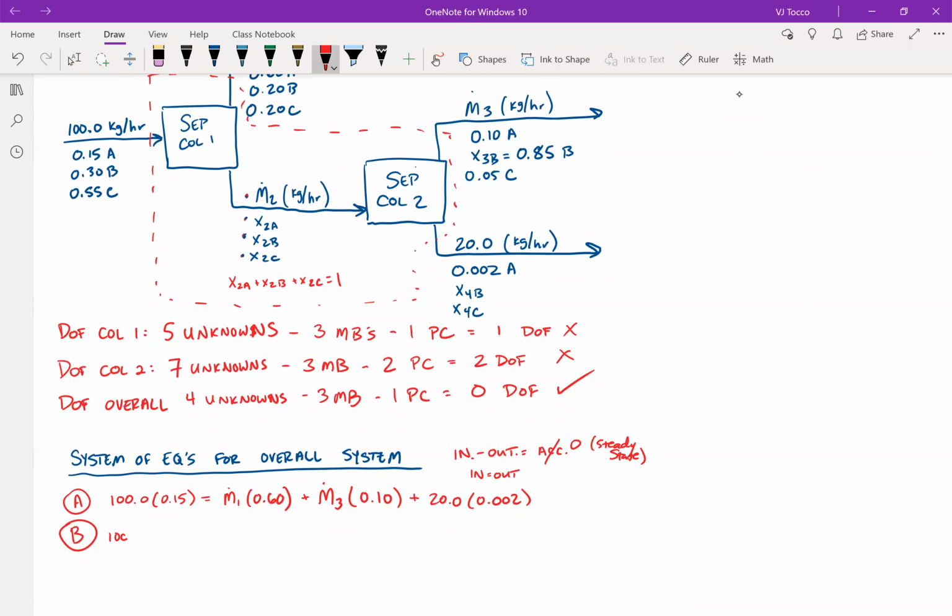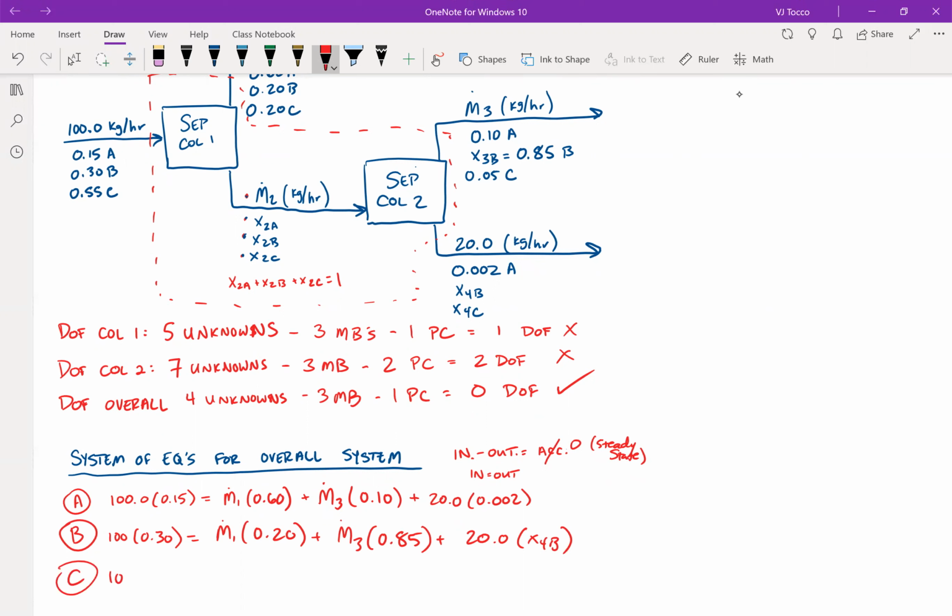B is 100 times 0.30 is equal to M1 times 0.20 plus M3 times 0.85 plus 20.0 times X4B. Now I've got 3 unknowns in this equation, so I certainly can't solve that one.